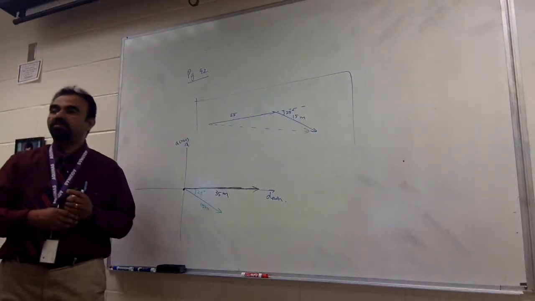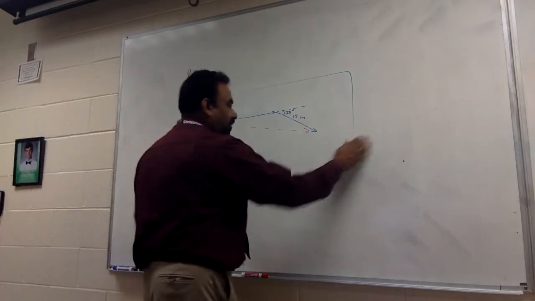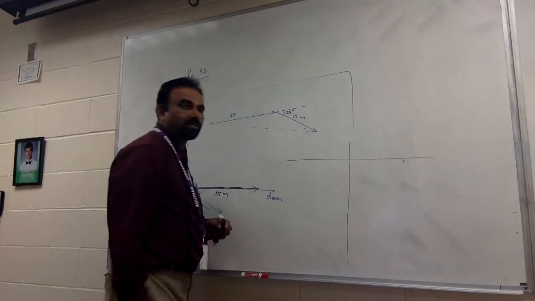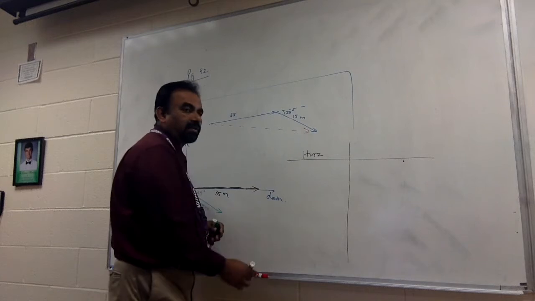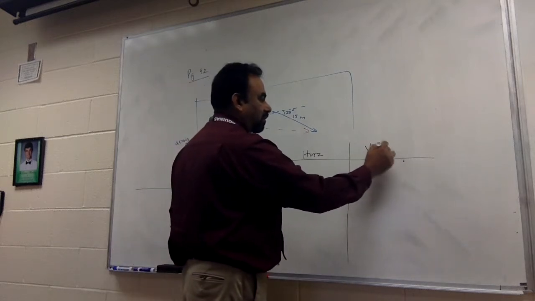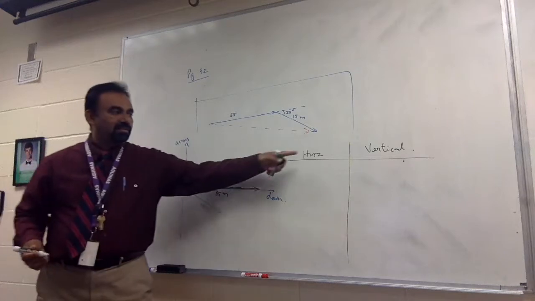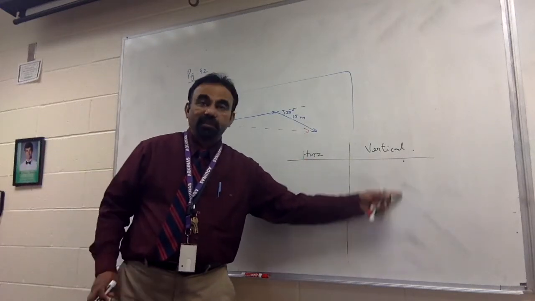And now we have to do the method of resolving. So for the method of resolving, you make another table, calling the horizontal one here, and this is the vertical one. So all the horizontal components will be written here, and all the vertical components will be written here, right?